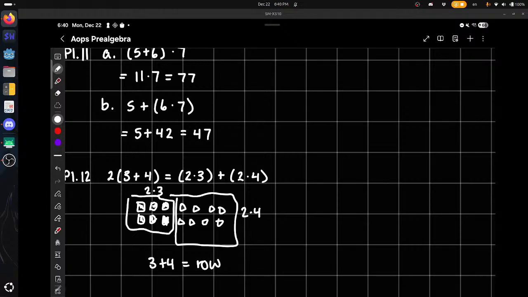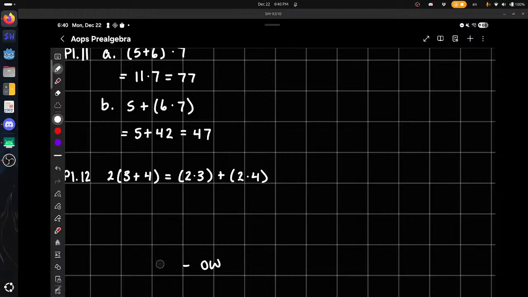So right now they're trying to tell us that these are equal because whatever answer we get in the parentheses, we have to repeat that. Hold on. So I think I have to say something like this.